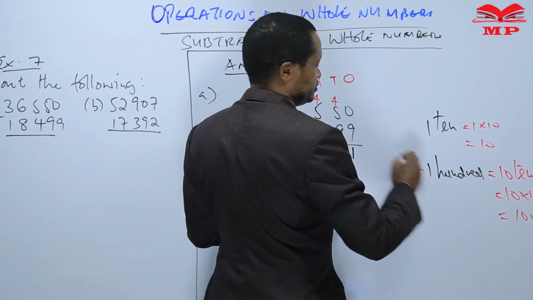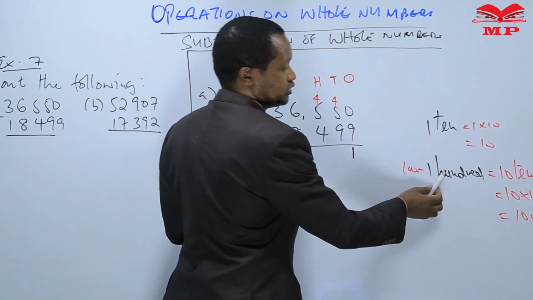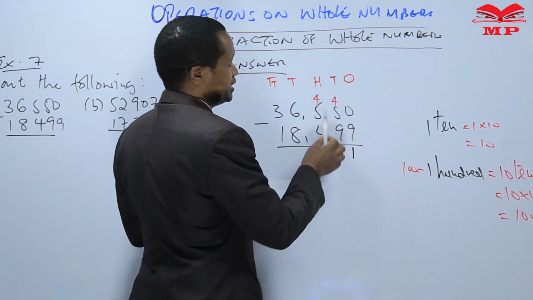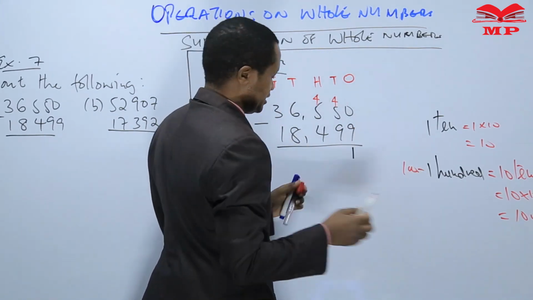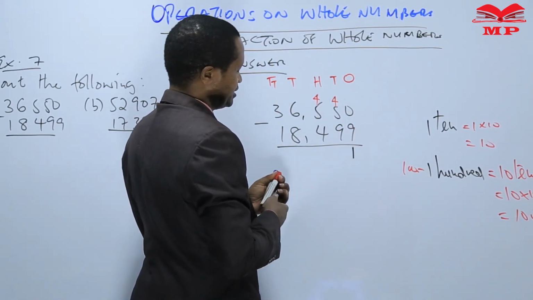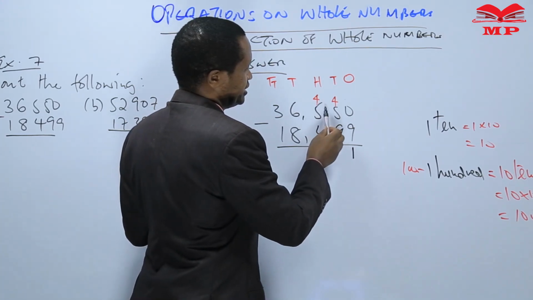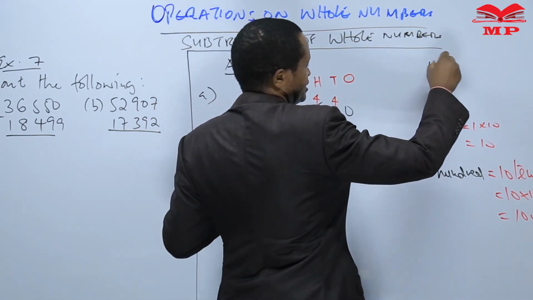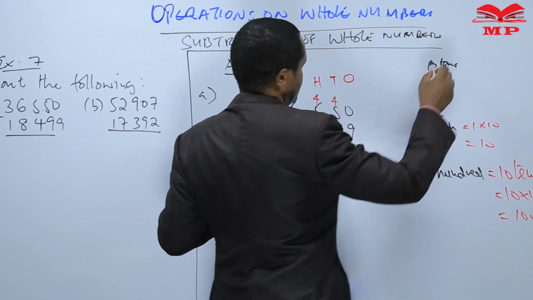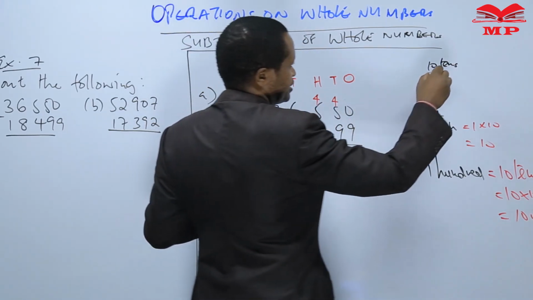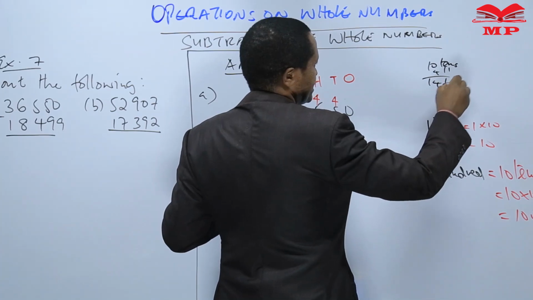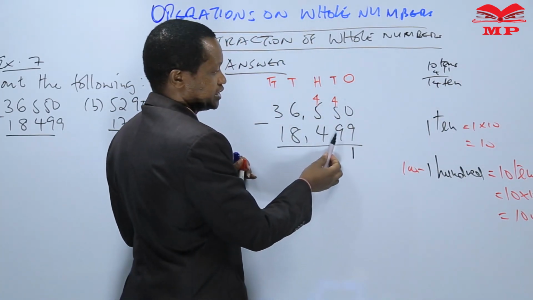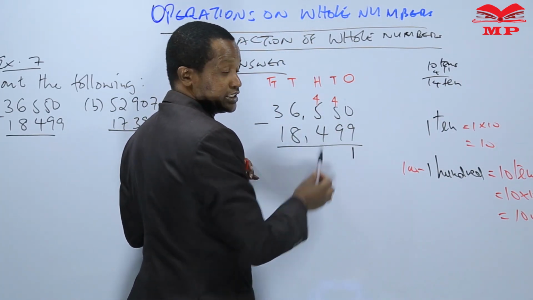So 10 tens plus the 4 tens will be equal to 14 tens. So we can now subtract 9 from 14 tens.